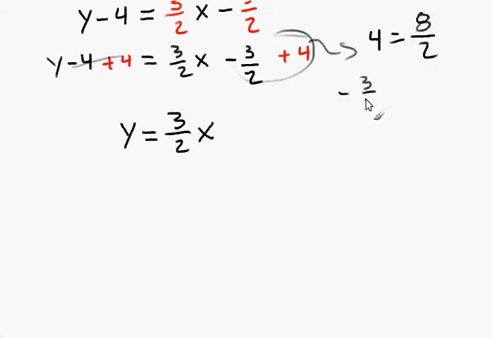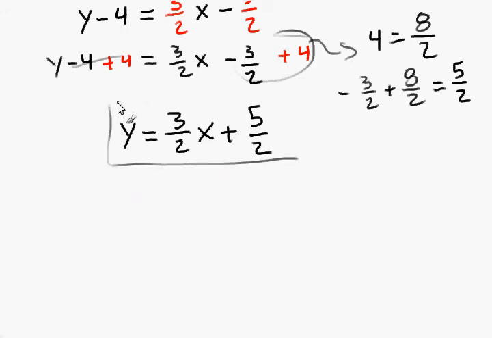So minus 3 halves plus 8 halves is minus 3 plus 8, 5 halves. And we'll just write that there. And there we go. We did it. We found this equation in slope-intercept form.